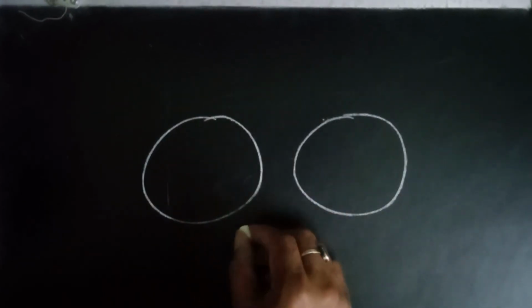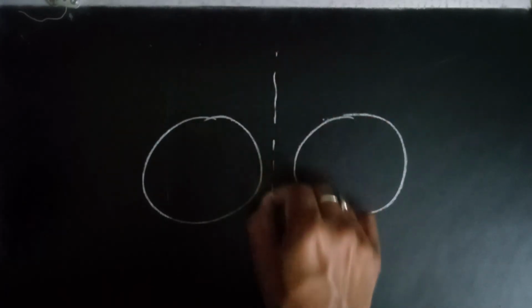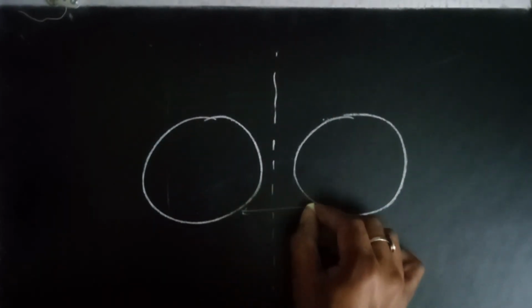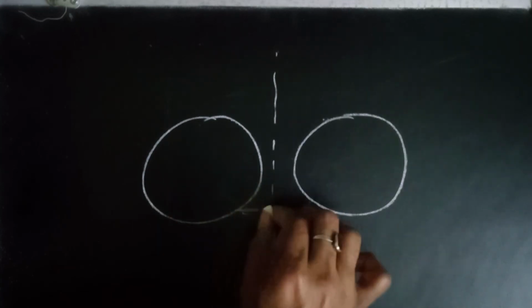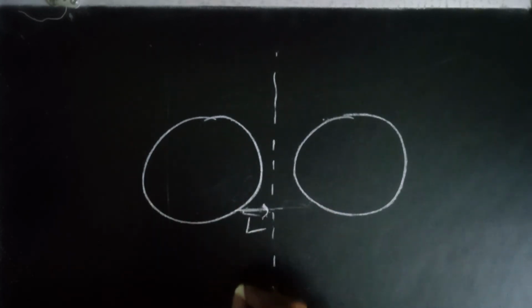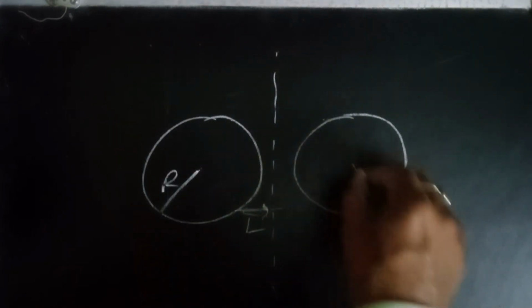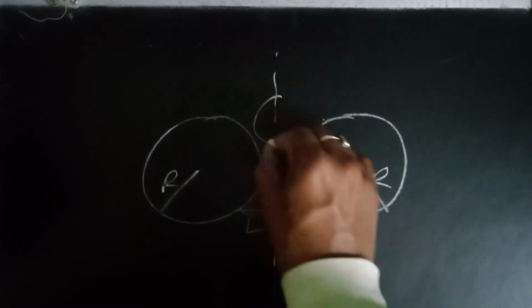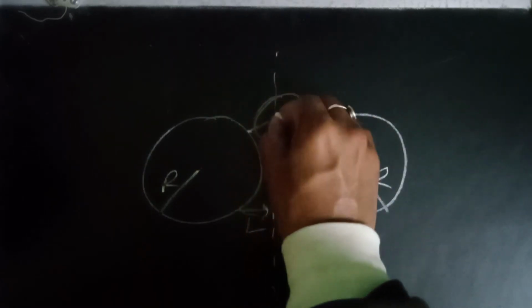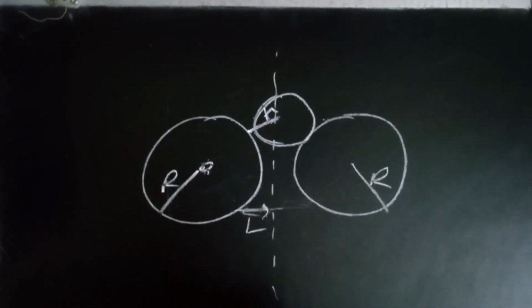Now the final thing is the roll crusher. If we have a roll crusher, it is like this and like this, and we have some distance here, let's say this distance is L. This is R, this is also R, and some feed element is coming here of radius small r.